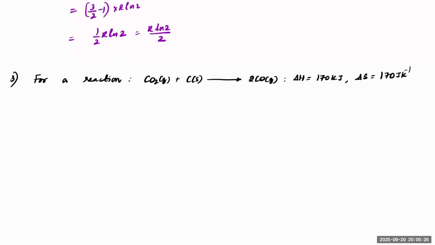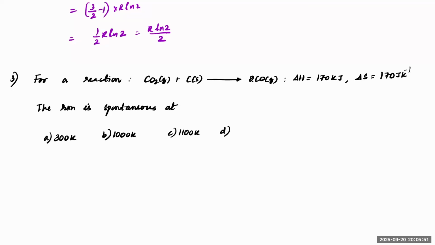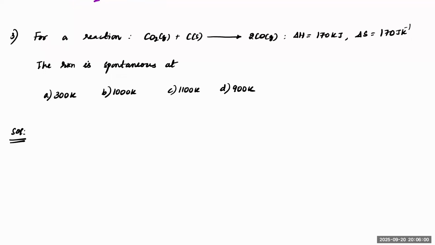Now, the question asked is, the reaction will be spontaneous at what temperature? Option A is 300 Kelvin, B is 1000 Kelvin, C is 1100 Kelvin, and D is 900 Kelvin. This is what you need to check. Easy one. Please do solve it and check.